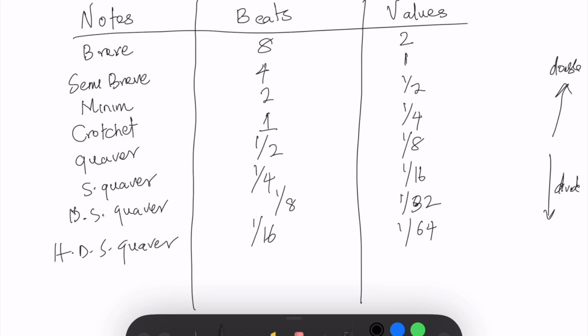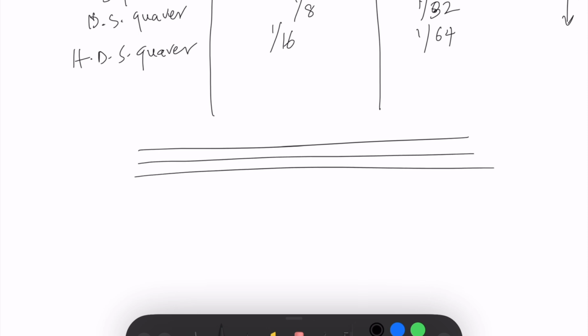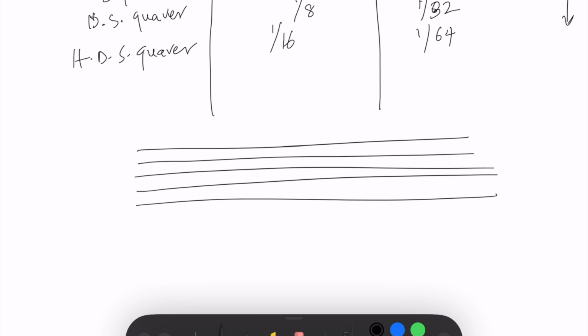It means that crotchet is one beat. So if you find on a stave some crotchet notes like that, it means that this is one beat, one beat, one beat, one beat, one beat, one beat, one beat.